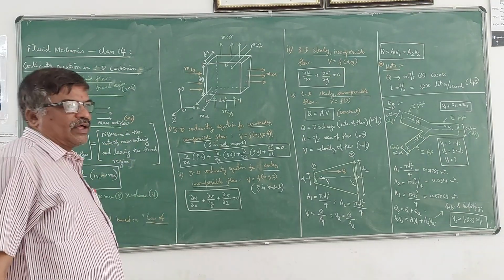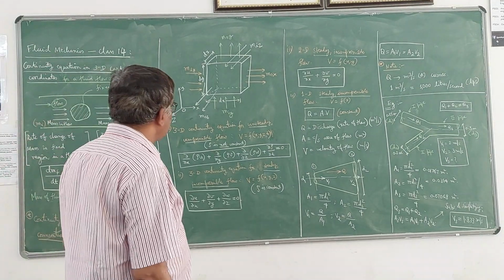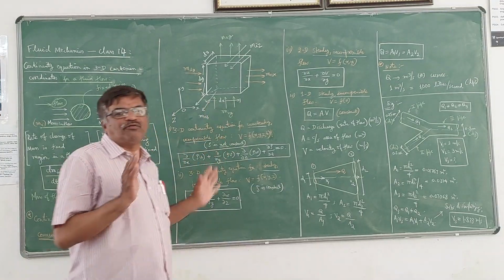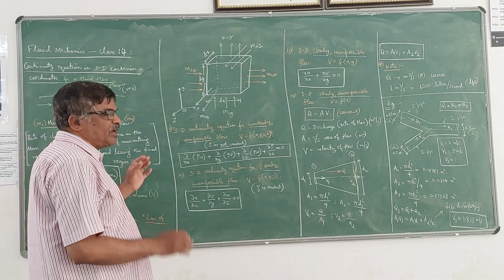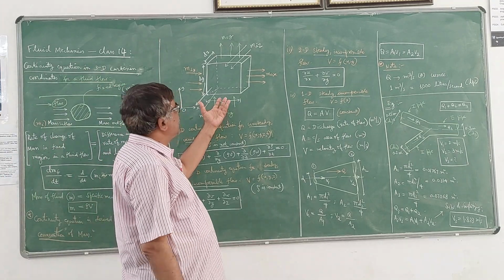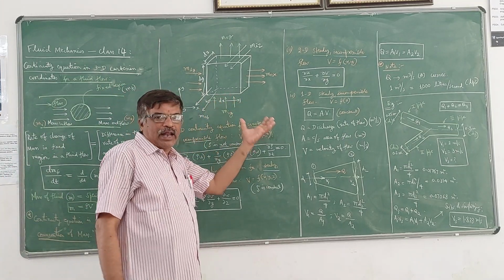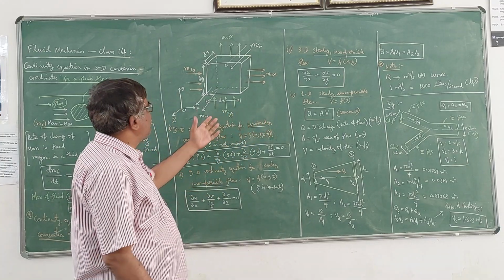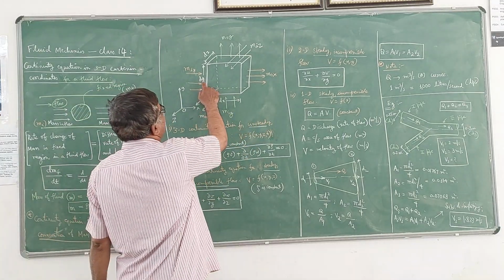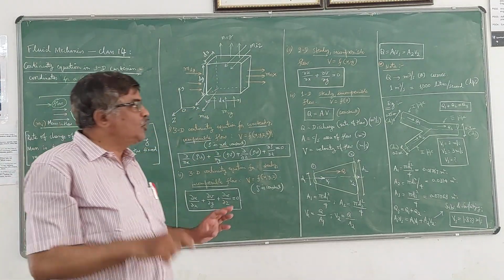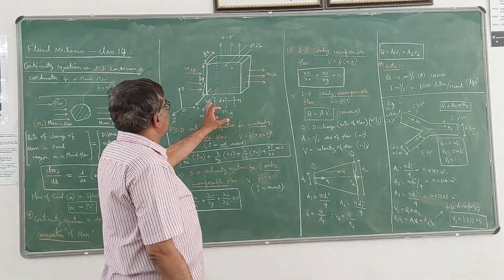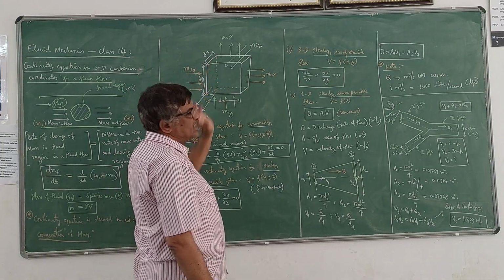Now, to understand the continuity equation, I will consider a small element of a fluid in the flow. That element has a very small volume. I will take a cuboidal element whose volume is defined as dx into dy into dz. I have taken the coordinates like this.